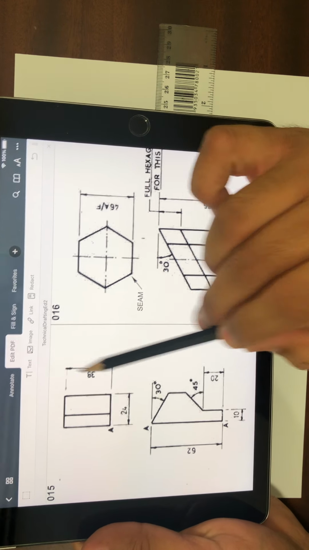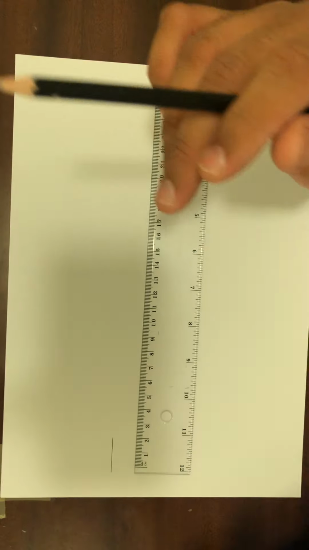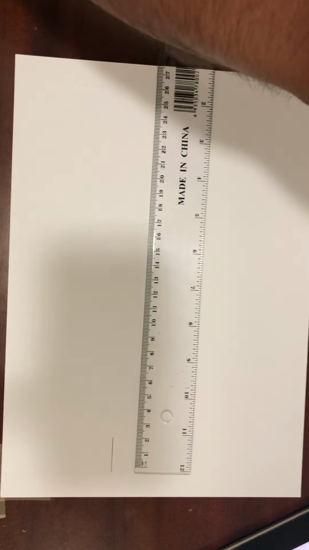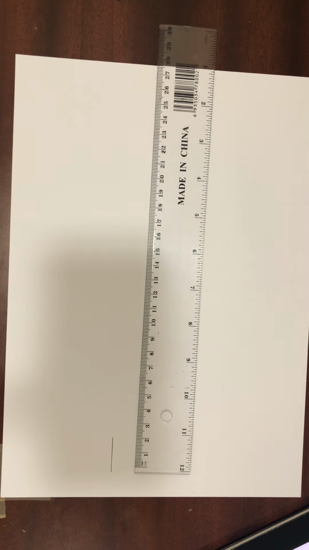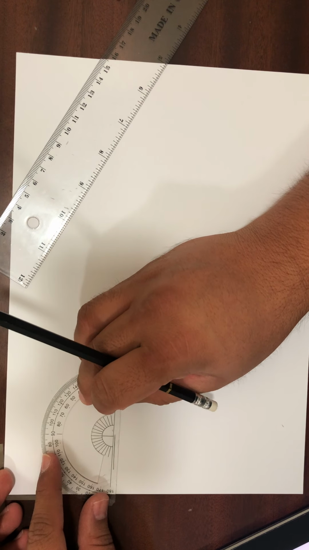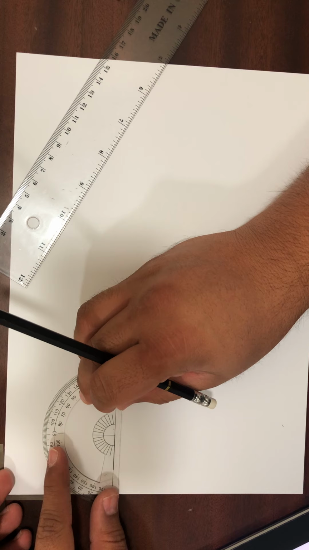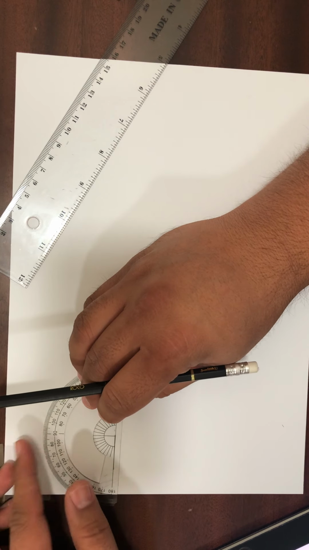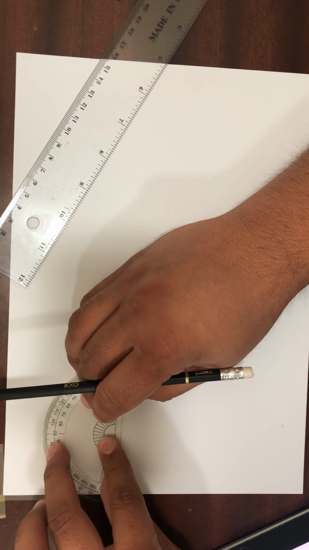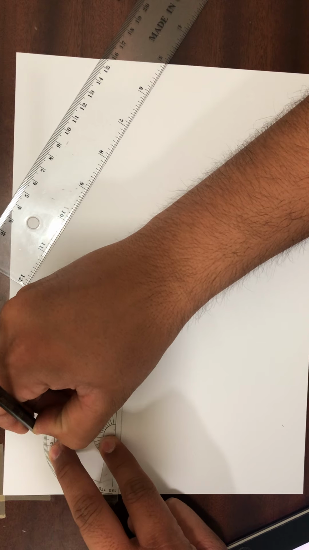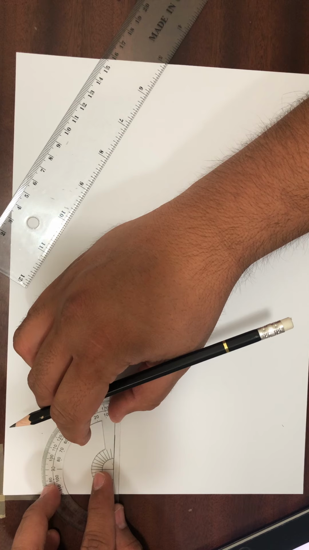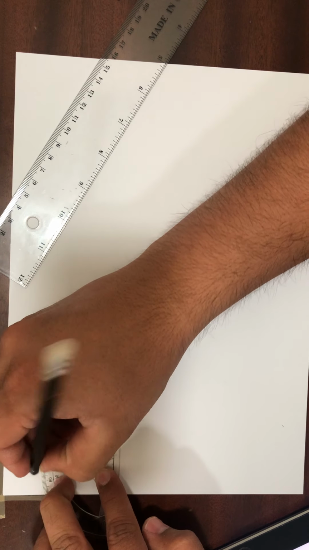After drawing 24, we need to draw a height of 38. Before drawing 38, in order to make sure that it is exactly perpendicular, we need to take the protractor and draw two dots at 90 degrees. So here mark 90 degrees, here also mark 90 degrees.